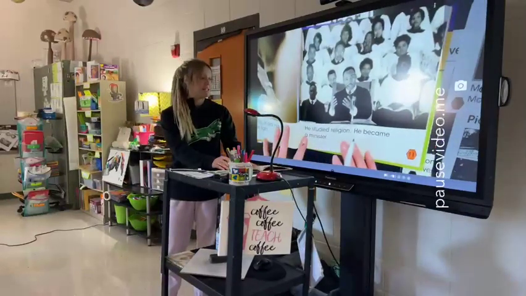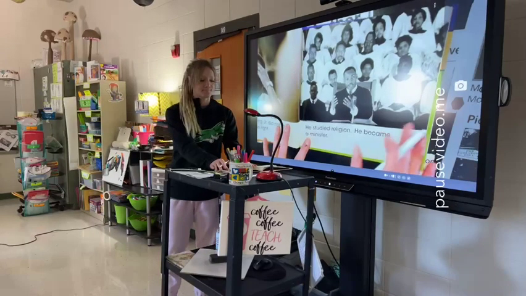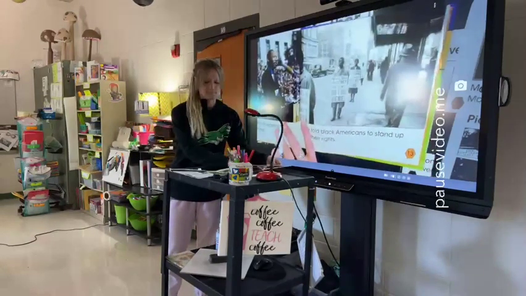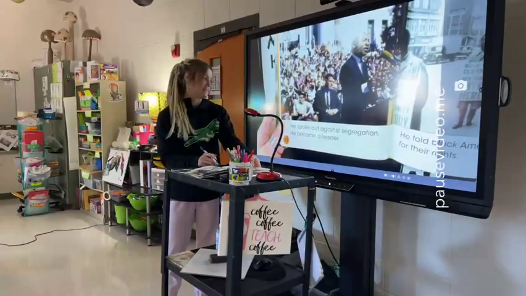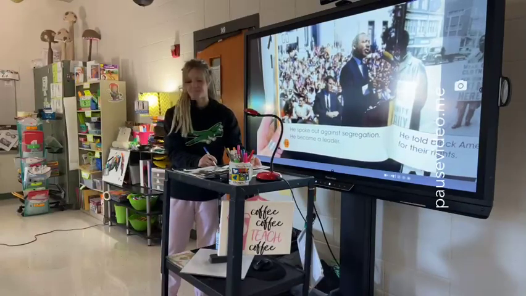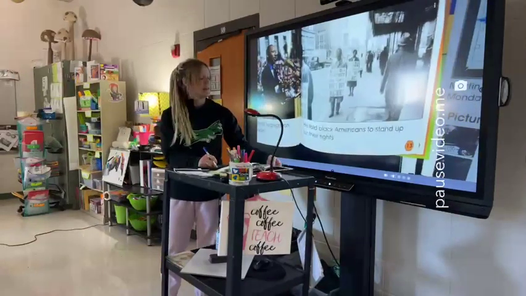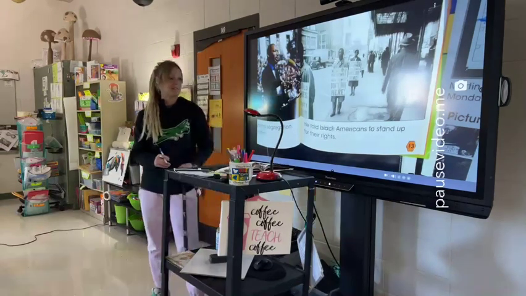He studied religion and he became a minister. He spoke out against segregation and became a leader. He told Black Americans to stand up for their rights.